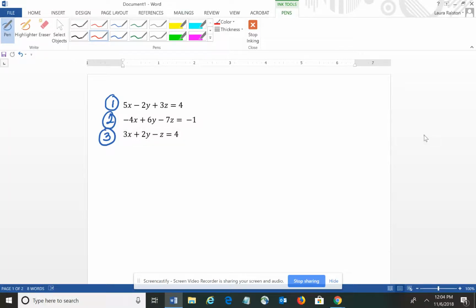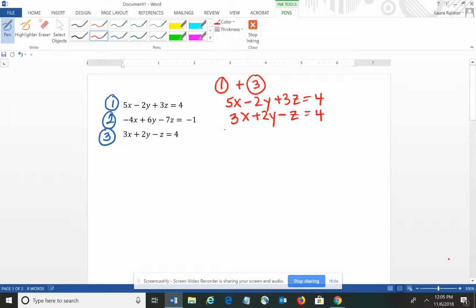So I'm going to combine together equation 1 plus equation 3. So when I do that, I have 5x minus 2y plus 3z equals 4, and 3x plus 2y minus z equals 4.